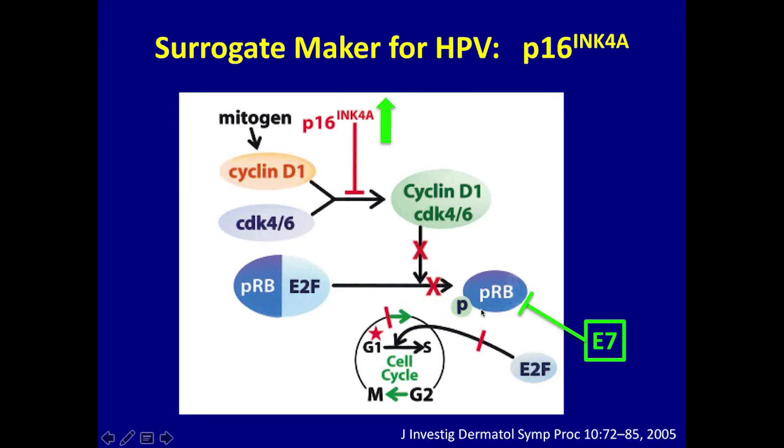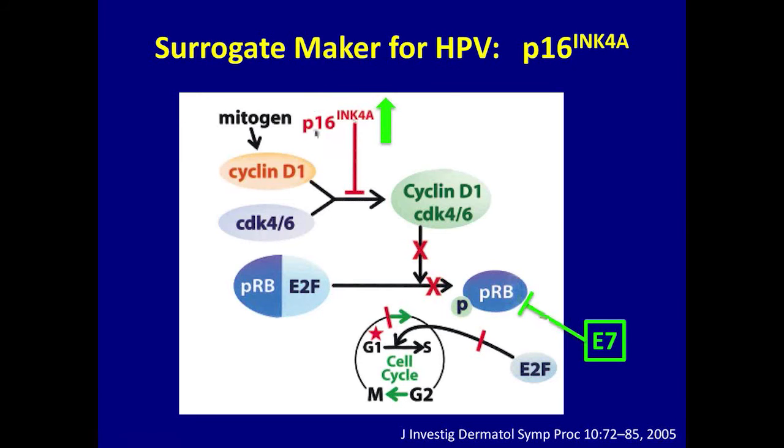And when that happens, the cell compensates by creating more of this protein called P16. And P16's purpose in the cell is to slow down the cell division. So it's a reciprocal reflexive thing that the cell does when it's infected with the HPV virus.